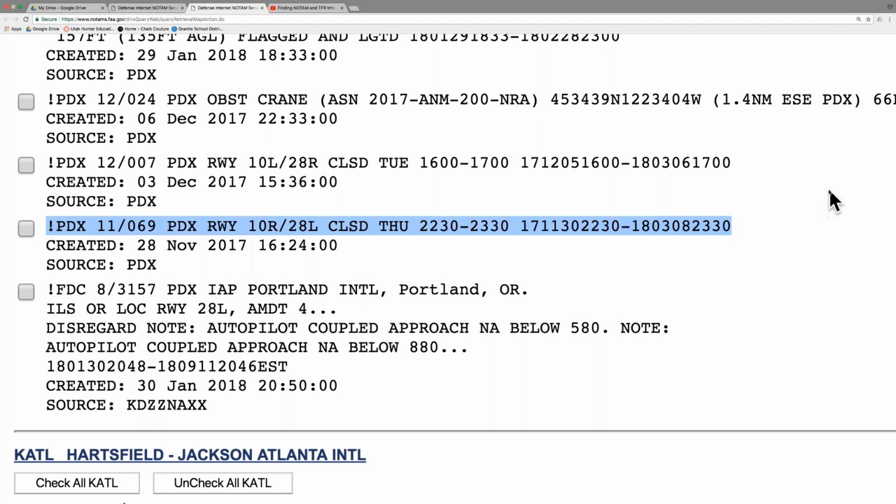And Greg, why don't you give that one? So again, Portland, NOTAM in the PDX area, runway 10 right and 28 left closed Thursday, time range 22:30 to 23:30.